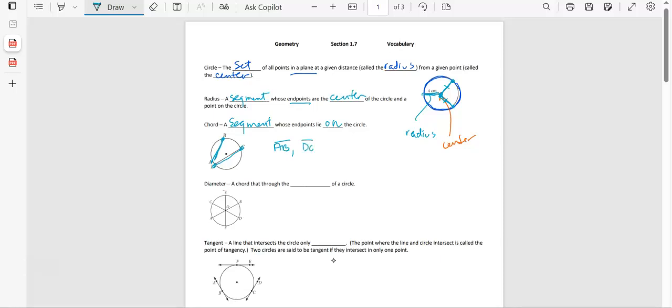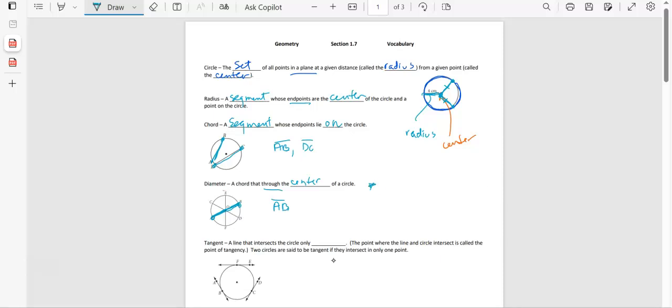And if we have a chord that goes through the center of the circle, that is called the diameter. So if I go from one point through the center to the other, this is diameter AB. Couple things about diameters.